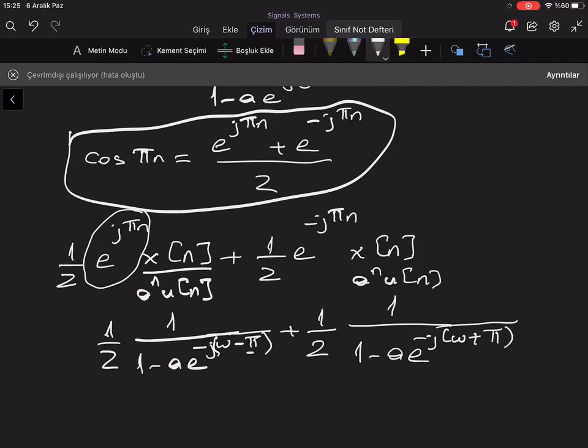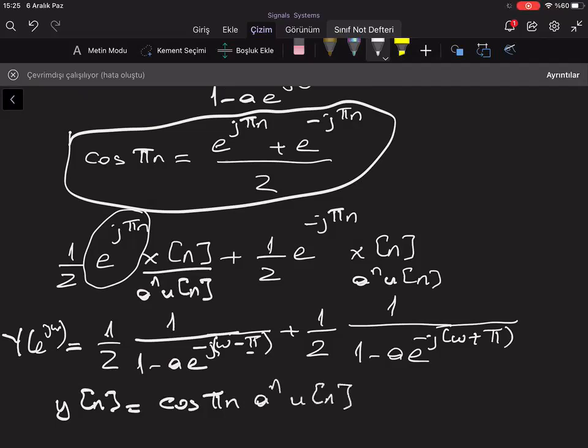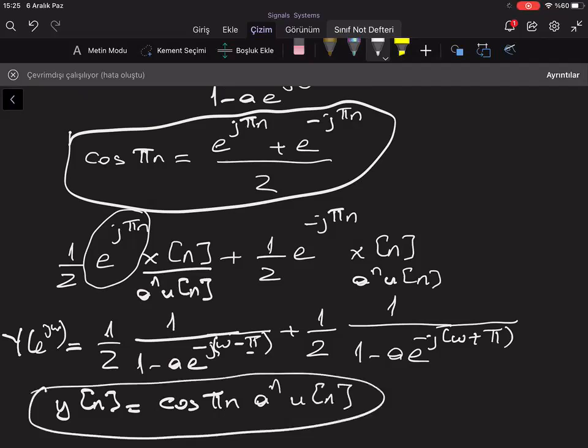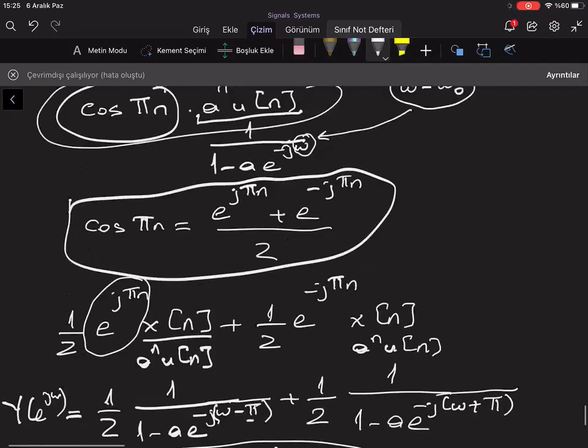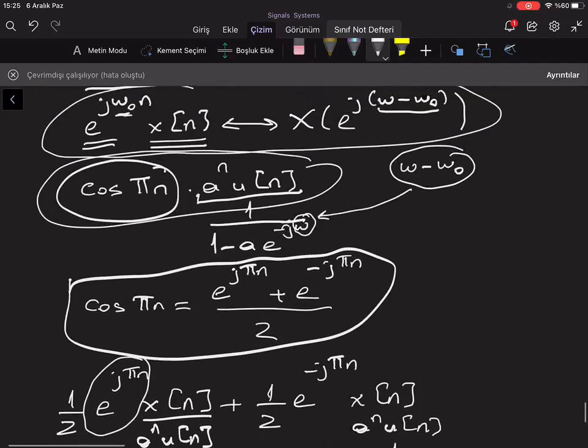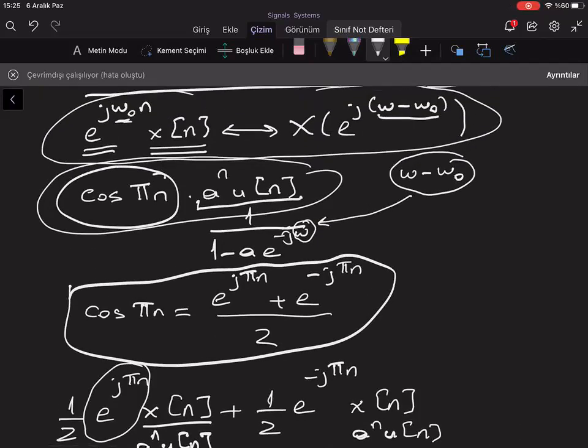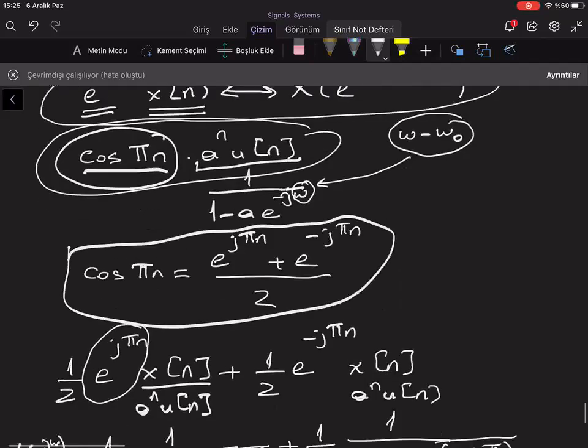Okay, this is the Fourier transform of the signal Y(e^jω), where y[n] is equal to cos(πn) a^n u[n]. Okay, I use this property in a question like cos(πn) a^n u[n].